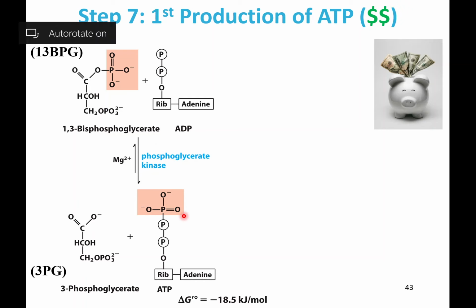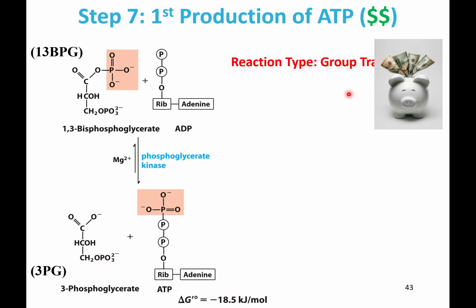So you're transferring the phosphate group from 1,3-BPG to ADP. This is catalyzed by phosphoglycerate kinase. So phosphoglycerate is the substrate, and kinase is the type of enzyme. And again, this is a group transfer reaction.